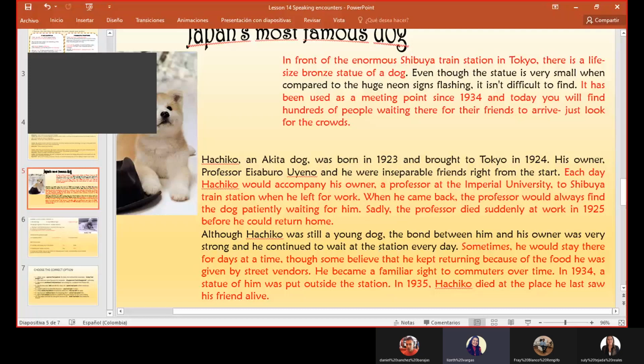In front of the enormous Shibuya train station in Tokyo, there is a life-size bronze statue of a dog. Even though the statue is very small when compared to the huge neon things flashing, it isn't difficult to find.